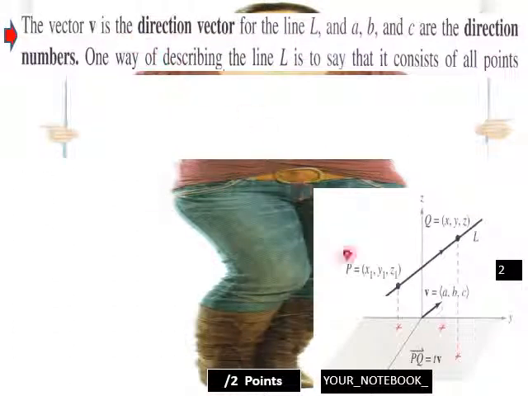The vector V, this one down here, is the direction vector for the line L, and A, B, and C are the direction numbers.